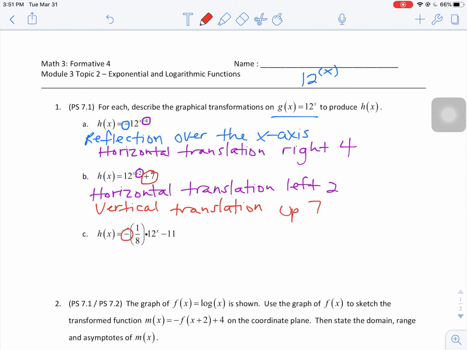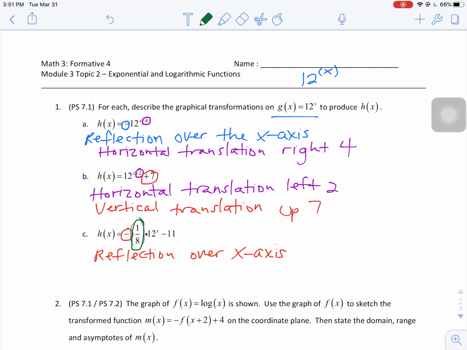On part C, the negative sign in the front is still a reflection over the x-axis. And then the 1/8 is being multiplied by the function. So that's basically our a value from off of the notes. So if the a value is greater than 1, that would be a vertical stretch.